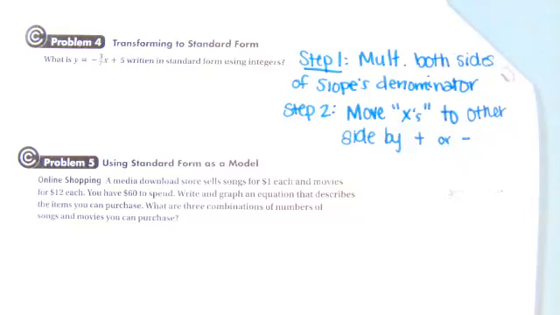The steps are this. You want to multiply both sides of the equation by the slope's denominator, and then you want to move the x's to the other side by adding or subtracting. And I'm going to show you what this means in a second.